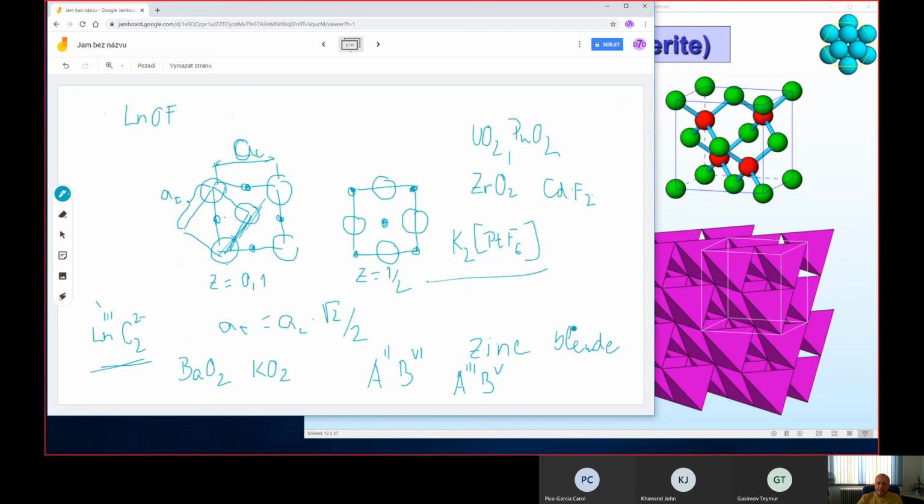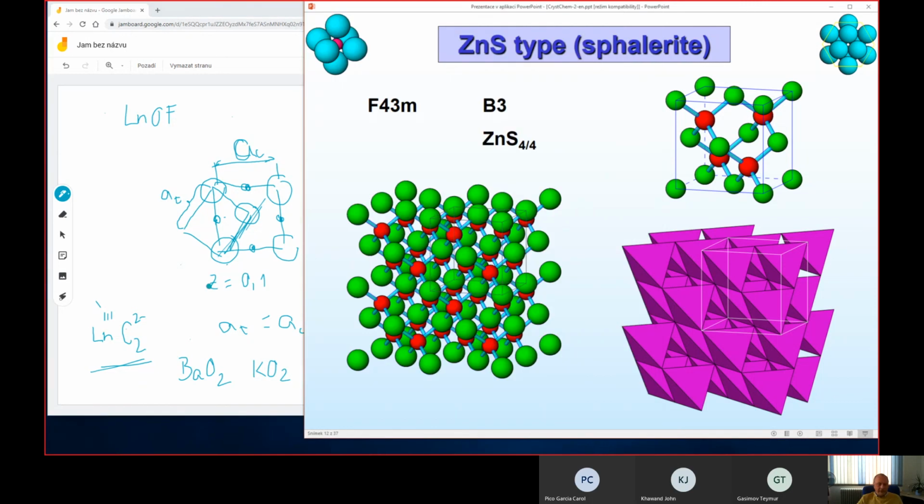So gallium arsenide and others, A3B5 compounds, adopt this zinc blende structure. And we could also interpret the structure of silicon dioxide in high temperature form, which is called cristobalite, using the sphalerite or zinc blende structure.